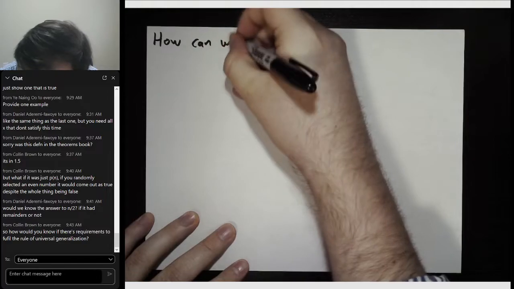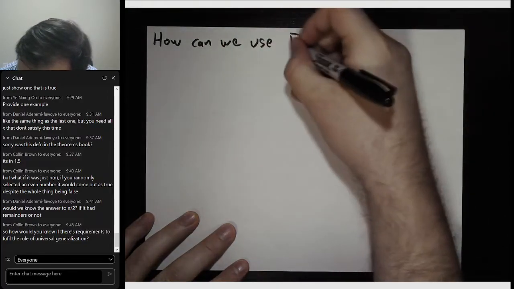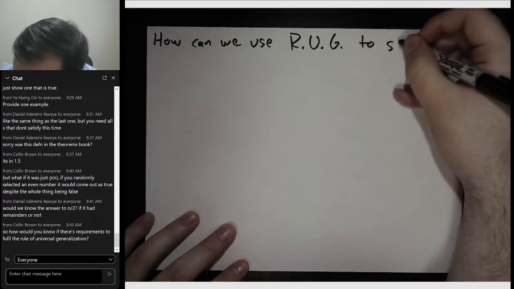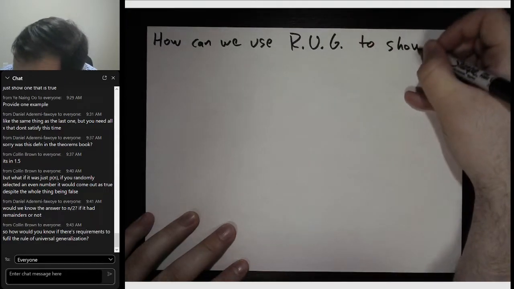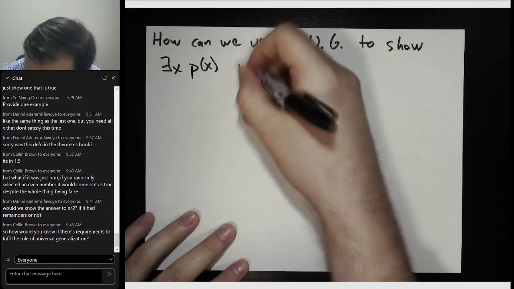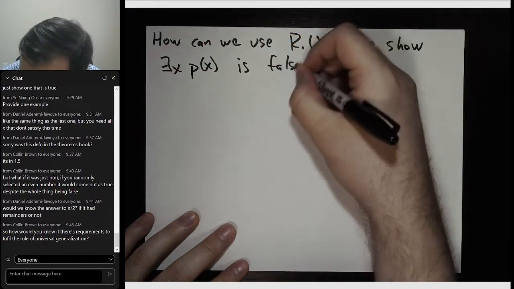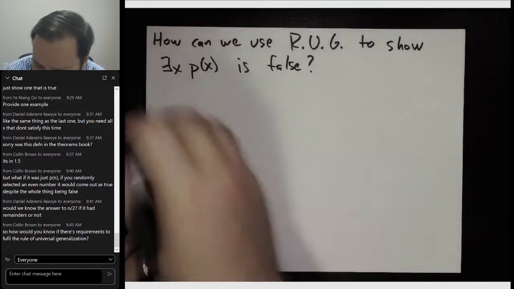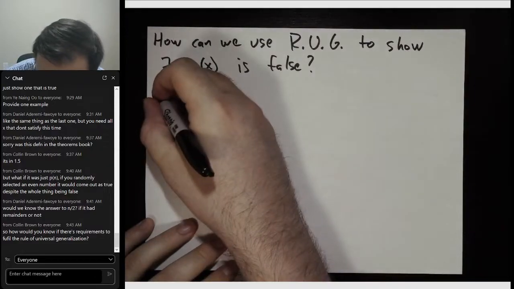How can we use the rule of universal generalization to show exists x, P of x is false? And we can do this with a proof by contradiction.